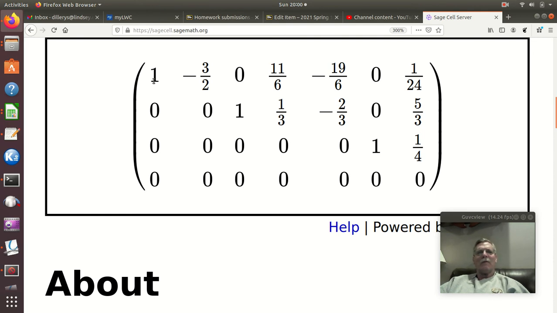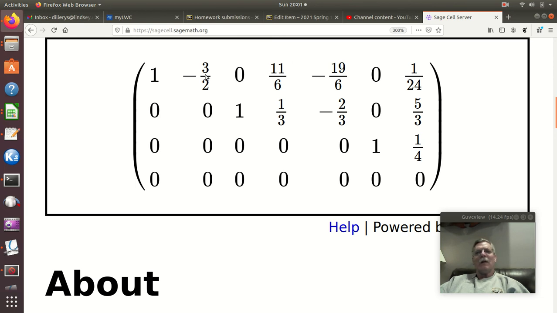And here we have x1 minus 3/2 x2, oh, I missed one. So this is x1 minus 3/2 x2 plus 11/6 x4, and then minus 19/6 x5 is equal to 1/24.